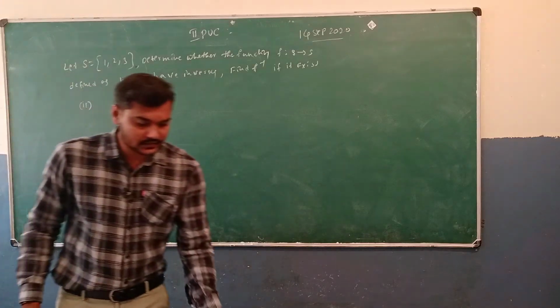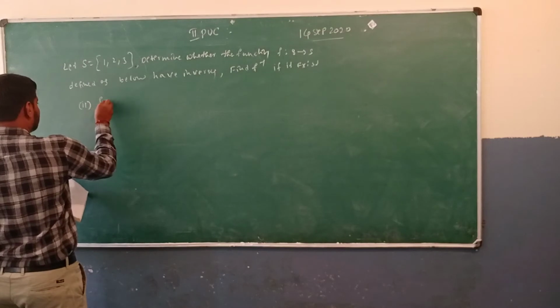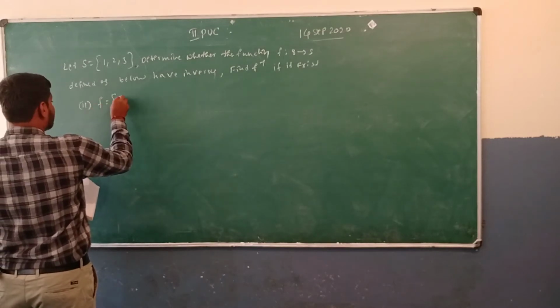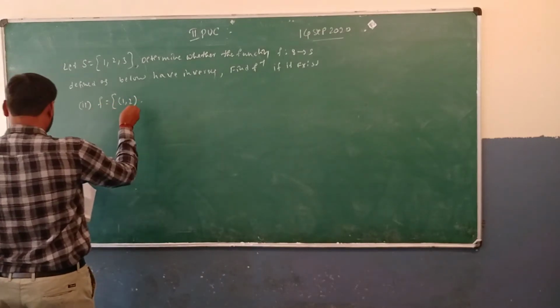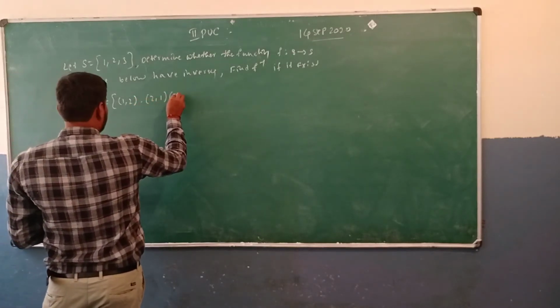The second one: f is equal to (1, 2), (2, 1) and (3, 1).